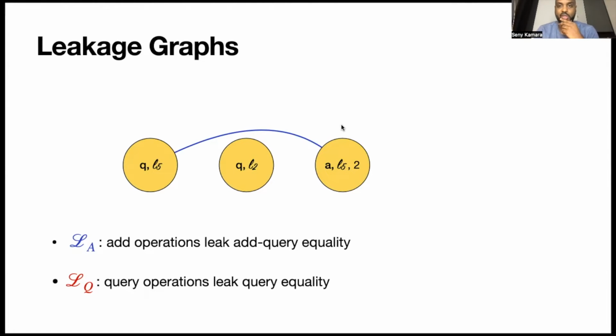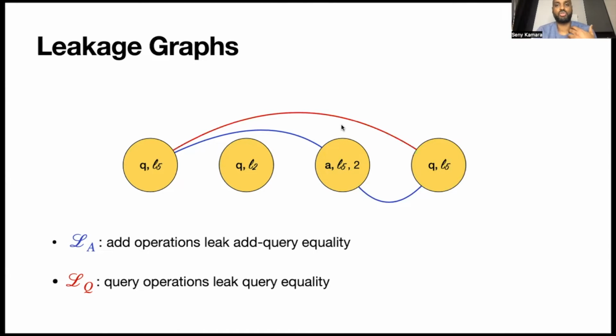Now suppose my next operation is a query on L5. Again, because this leakage profile reveals the add query equality, the server will know that this fourth operation is for the same label as the third operation. It doesn't know the label, but it knows that they're the same. This is represented by this edge.